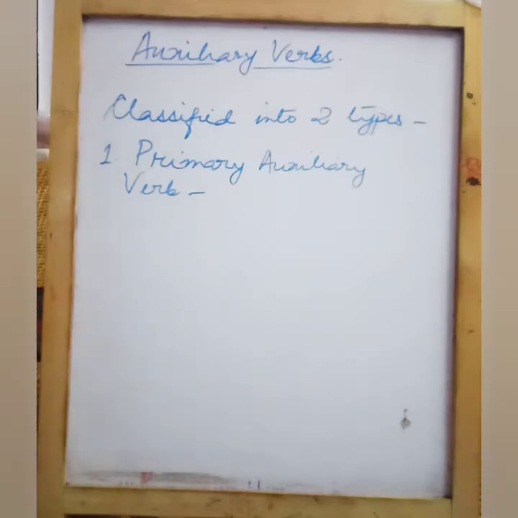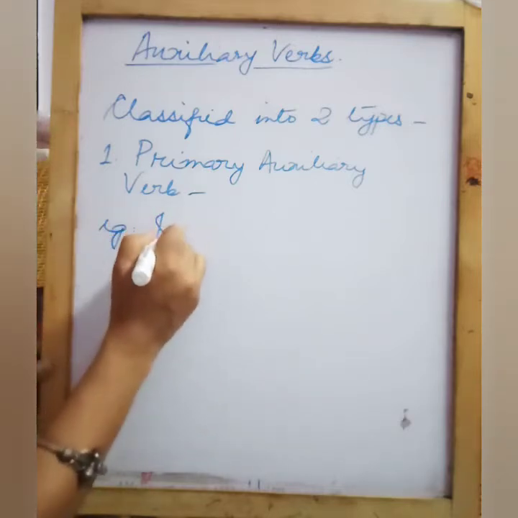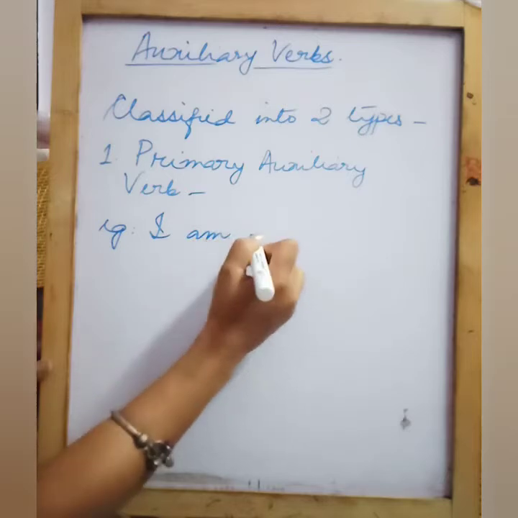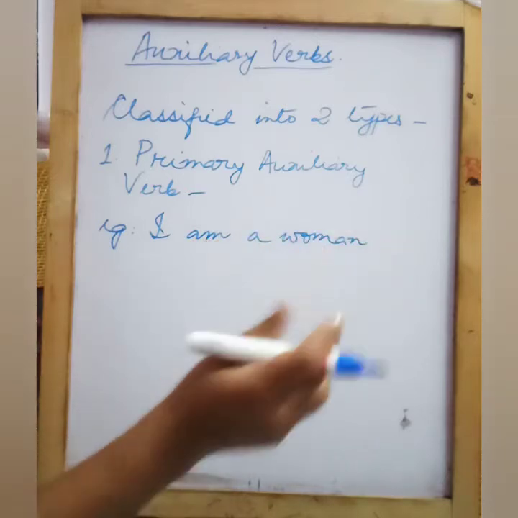Alright, so generally these auxiliary verbs or helping verbs are used to show the state of being, not any state of action. Say for example, if I say, I am a woman, isn't it? So I am telling you that I am a woman.